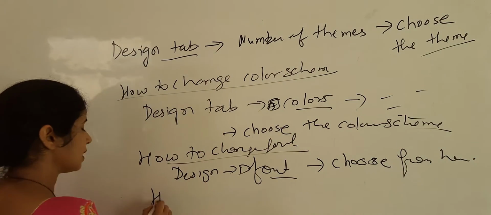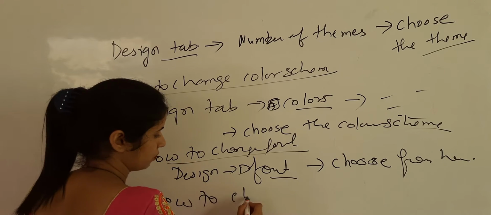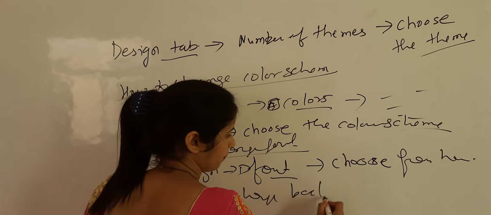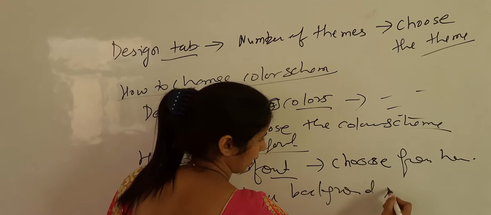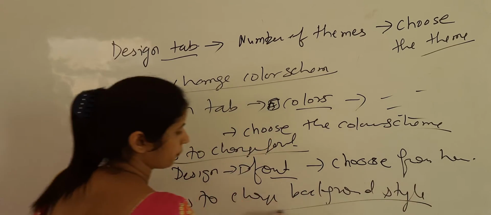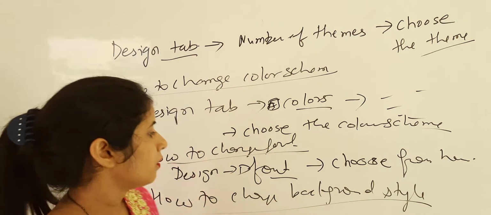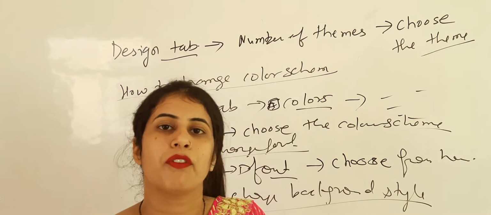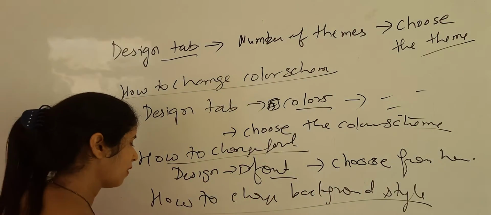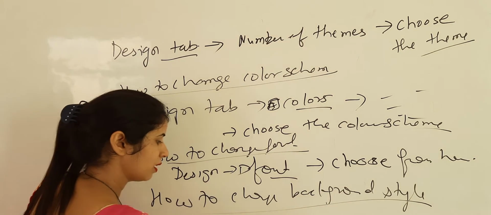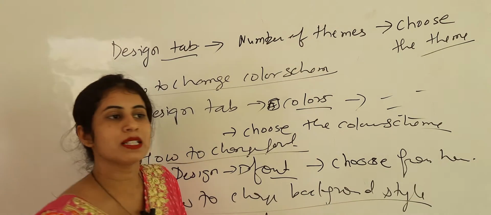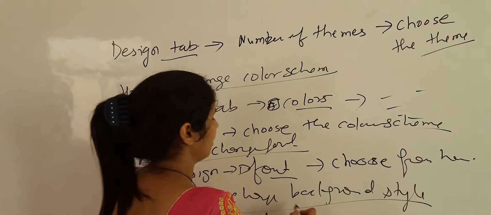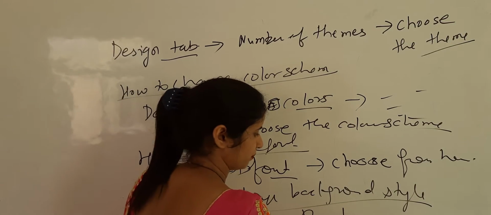The next one is how to change the background style. We are able to change the background style with the help of the Design tab. Again we have to click on the Design tab. We will see an option, Background.